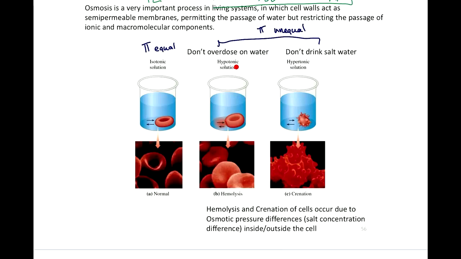So a hypotonic solution means you have a very dilute solution your red blood cell, or your cell, is sitting in, all right? That you have low concentration on the outside of your cell. So what happens is outside is low concentration, inside of the cell's high concentration of salt.